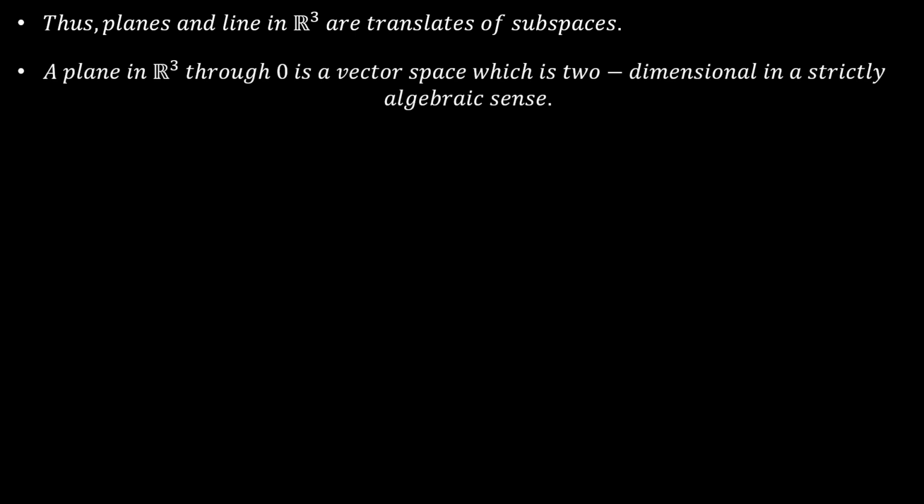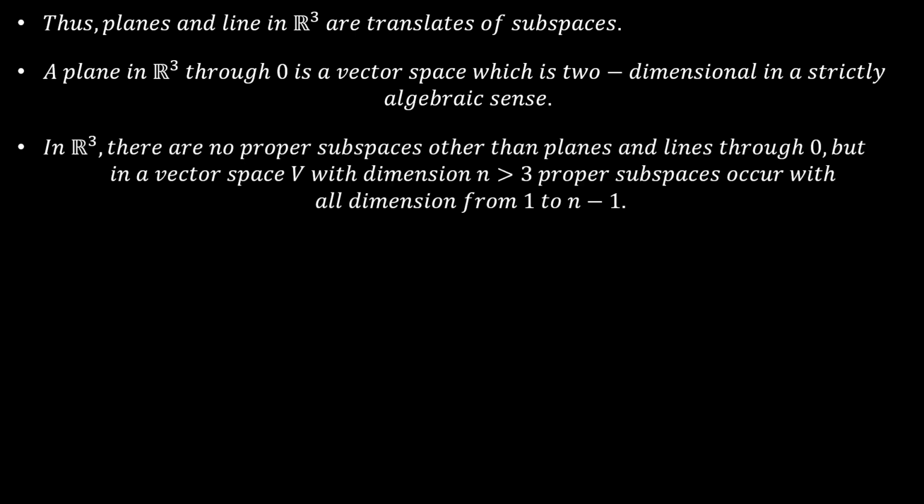A plane in the Cartesian vector space R3 through 0 is a vector space which is two-dimensional in a strictly algebraic sense. Also, in this same Cartesian space, there are no proper subspaces other than planes and lines through 0.